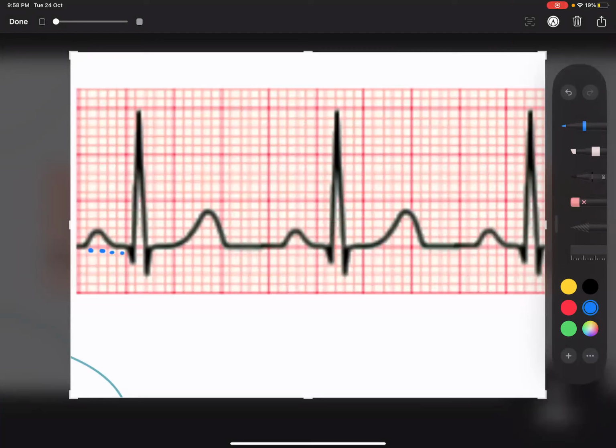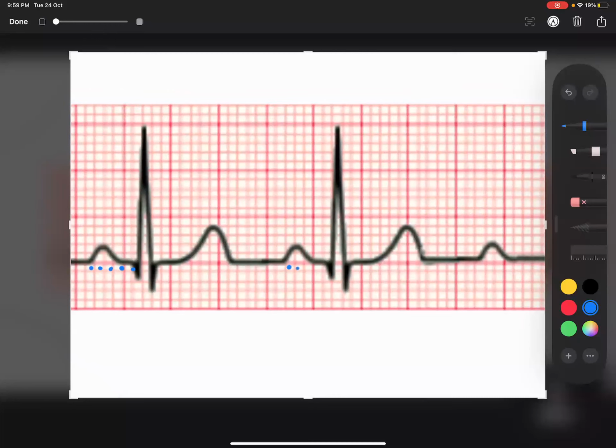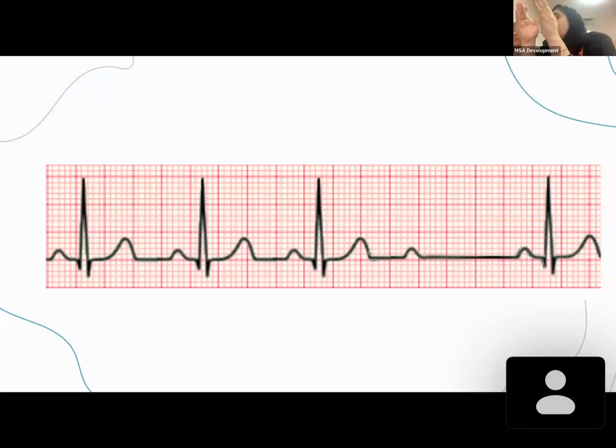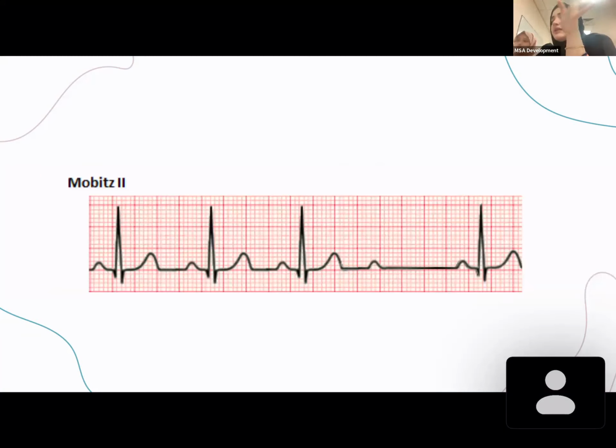Here it's 1, 2, 3, 4. So the PR value here is constant, and then the QRS disappears, and that's how you know it's type 2.